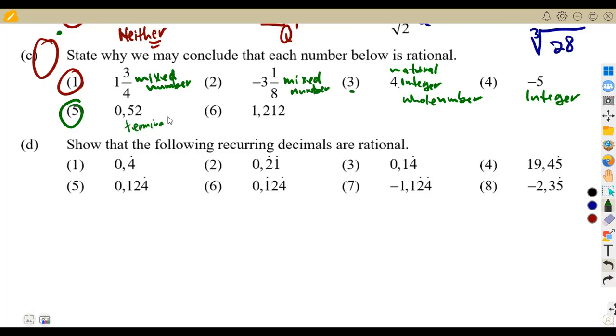So we are having a terminating decimal, and remember I said all terminating decimals are rational numbers. And the same thing with this part, again it's a terminating decimal. And I said all terminating decimals are rational numbers.